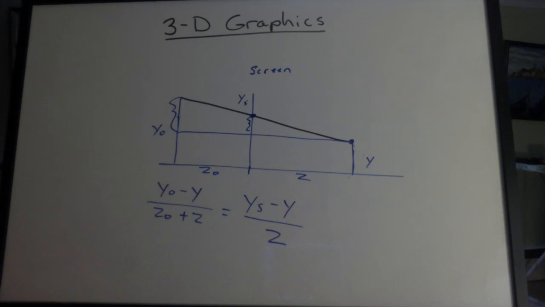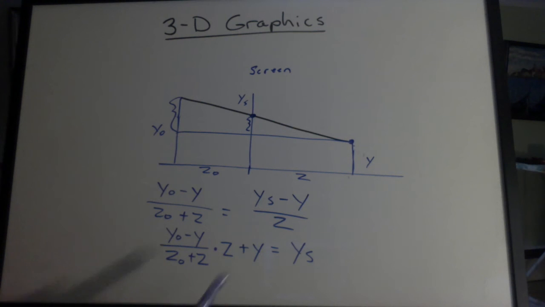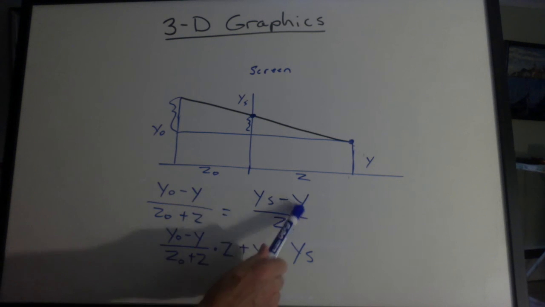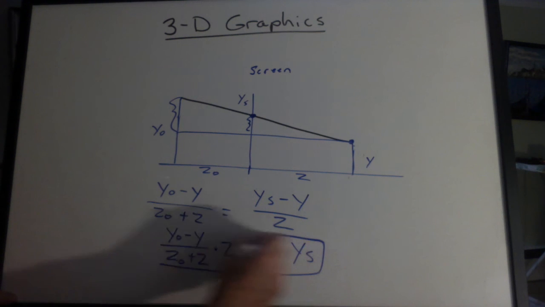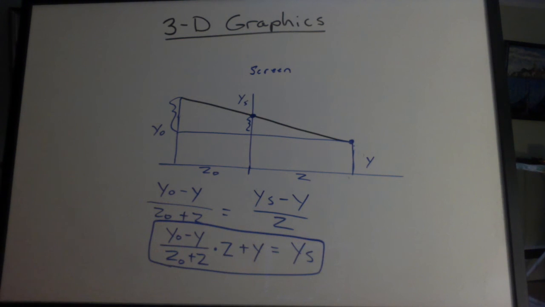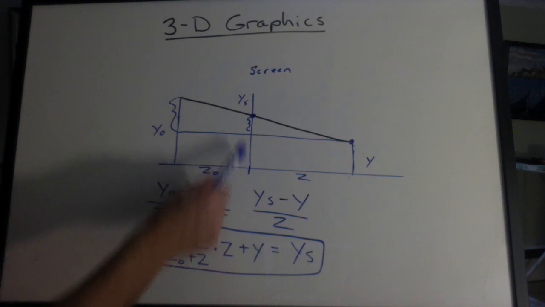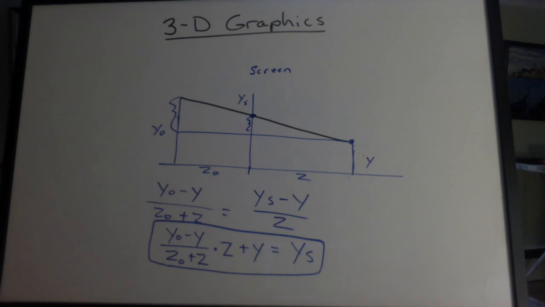What do we have to solve for? We have to solve for ys. Well, that should do it. All we have to do is bring the z over and then add y. And here is the equation that takes the information in the z direction and in the y direction, takes into account where my eye is, and gives us the value to plot on the computer screen in the y direction.